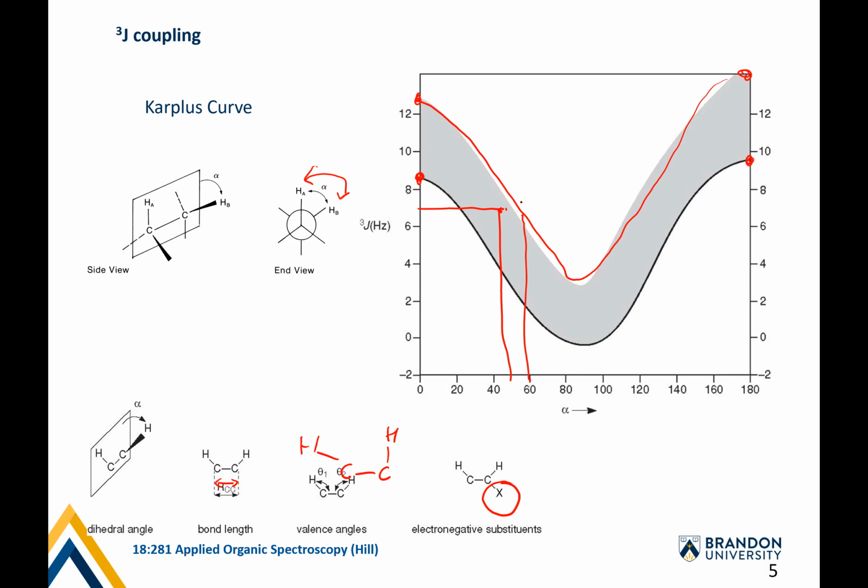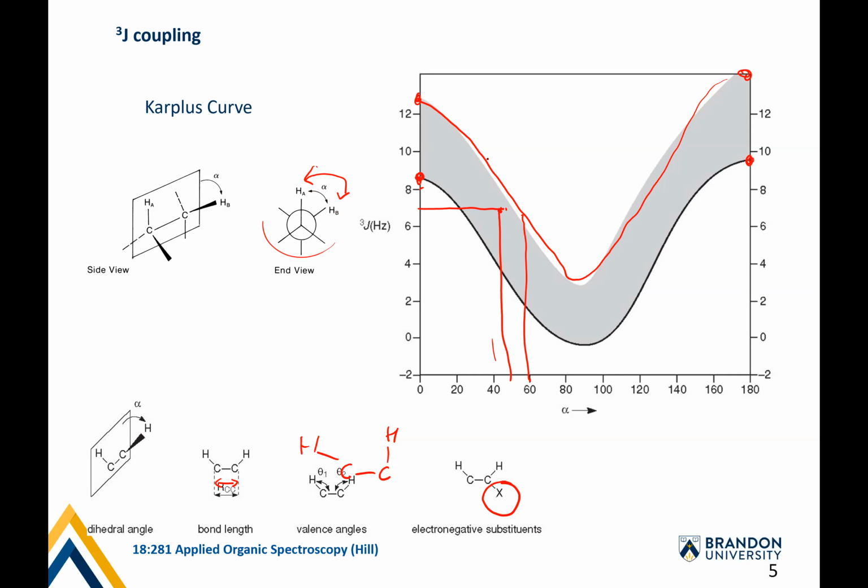That's why you see most of these coupling constants between 6 and 8, because it's in this range where, if this is spinning around, the average, the minimum actually would be 60 degrees from a steric perspective, but it's going to be in that range between 40 and 60, and that's why these coupling constants tend to be around 7 when it's free rotation.